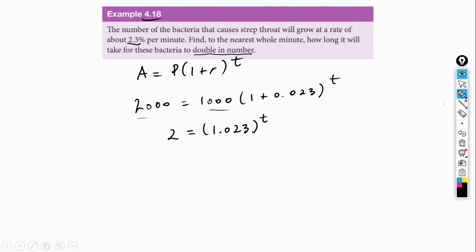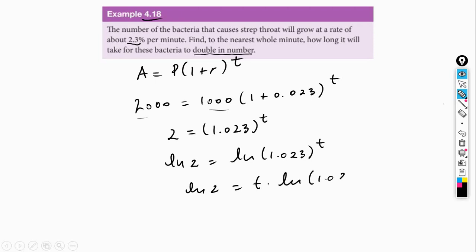And then just apply the natural logarithm again to both sides, and we get natural logarithm of 2 is equal to the natural logarithm of 1.023 to the power of t. We rewrite it as natural logarithm of 2 is equal to t times natural logarithm of 1.023.